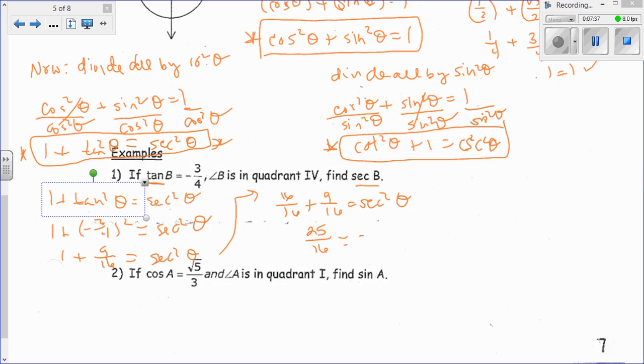25/16 is equal to secant squared theta, but I just need secant, so I need to take the square root of both sides. So I will get plus or minus 5/4 is equal to the secant of theta. We are in quadrant 4.